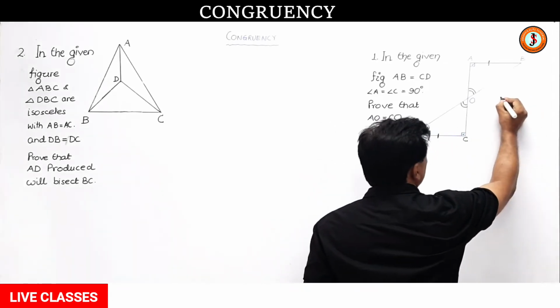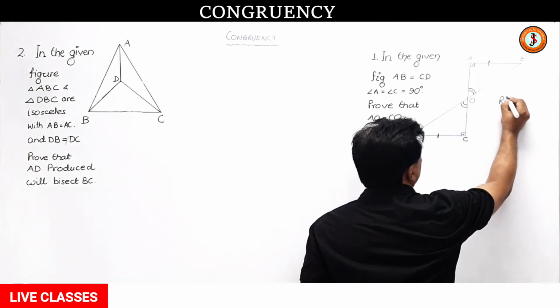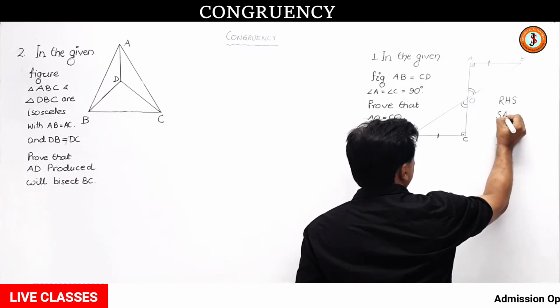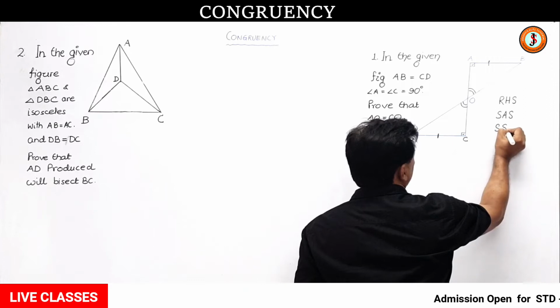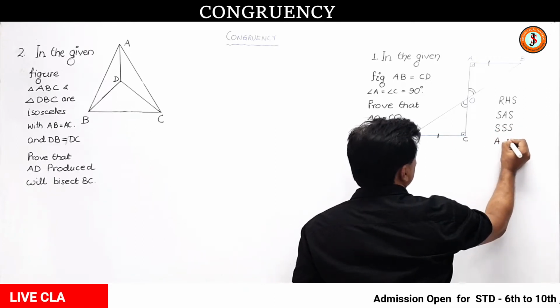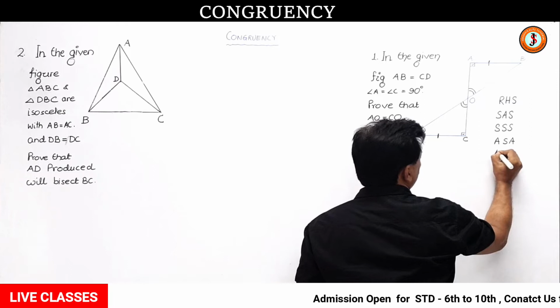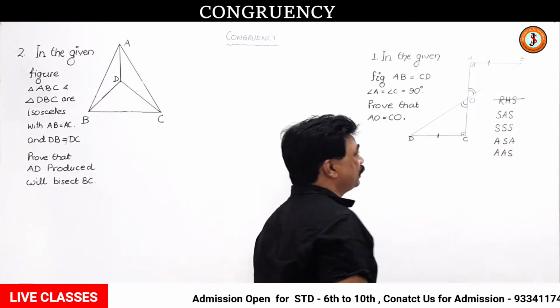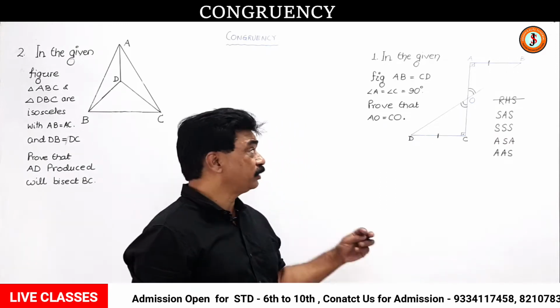Once again, to help you understand, we have 5 congruency criteria, out of which you have to select any one. RHS is cancelled because the right angle is given but the hypotenuses are not equal.